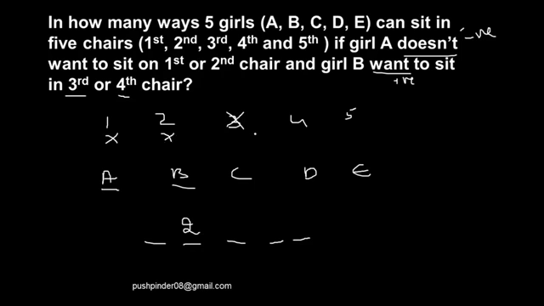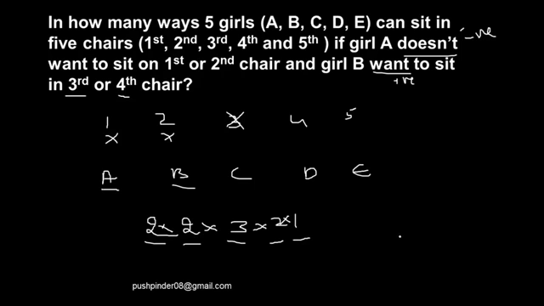The third chair has already been taken by girl B. That means there are only two places left for girl A to sit, right? And now once again there are three chairs left and three girls left, which can be arranged in 3 factorial ways. So this is our answer, right?